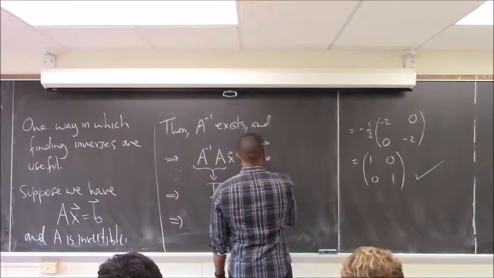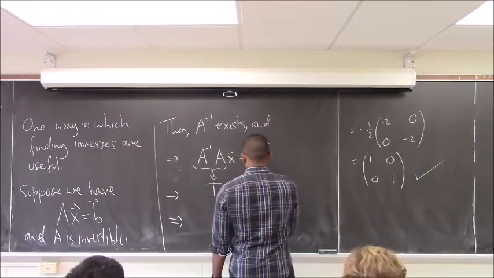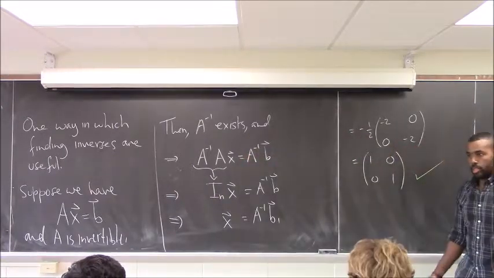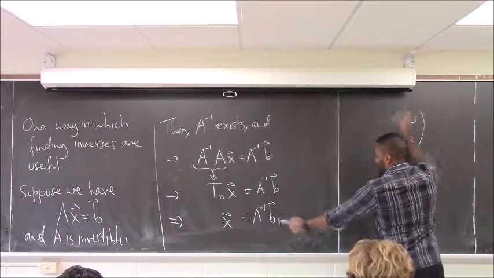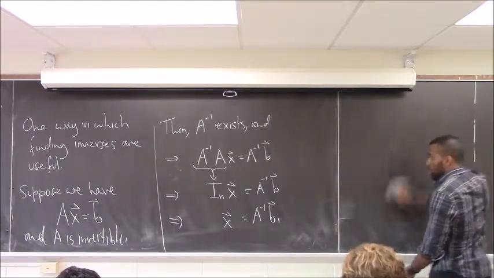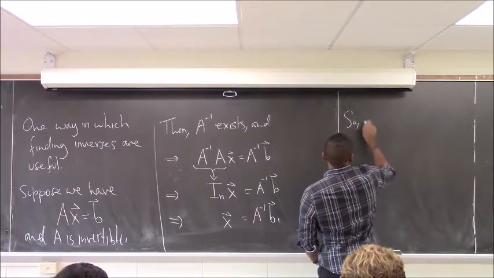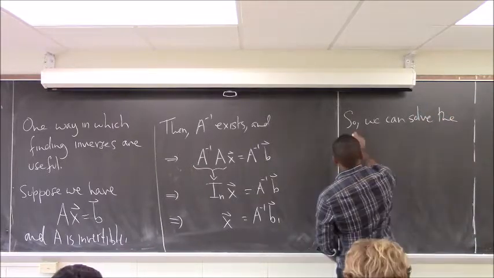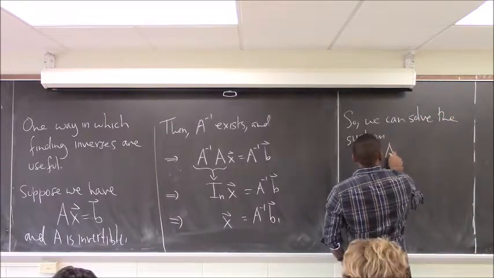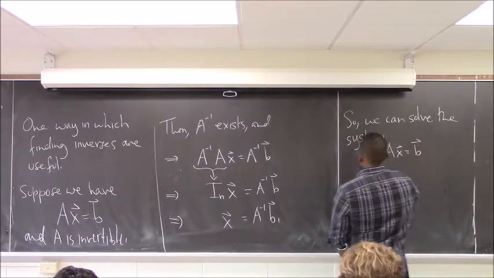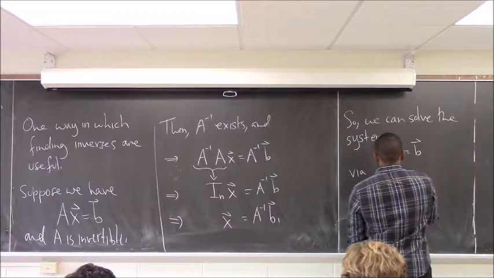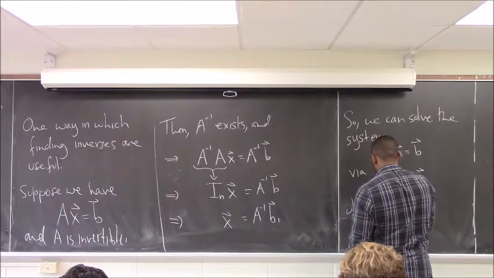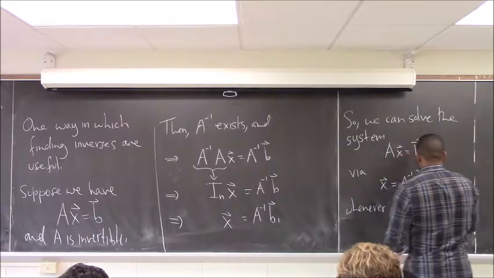Okay. And so what you realize is that you can actually solve the system using an inverse matrix by multiplying it on the left. We can solve the system AX equals B via X equals A inverse times B whenever A is invertible.